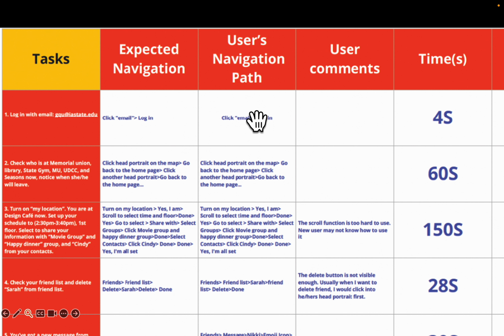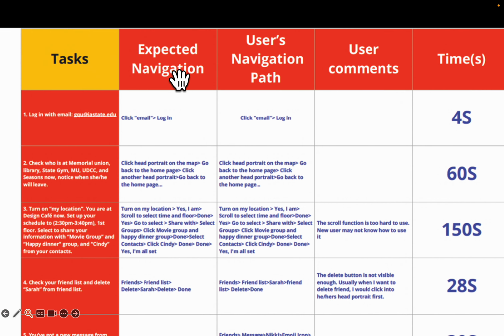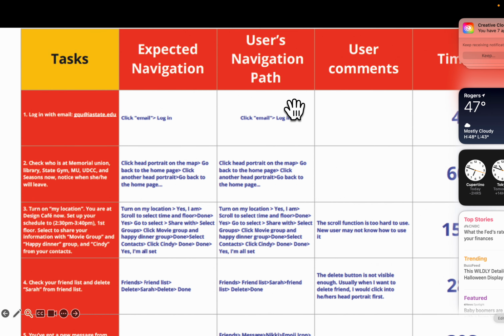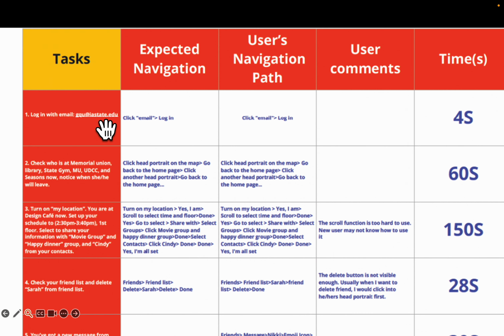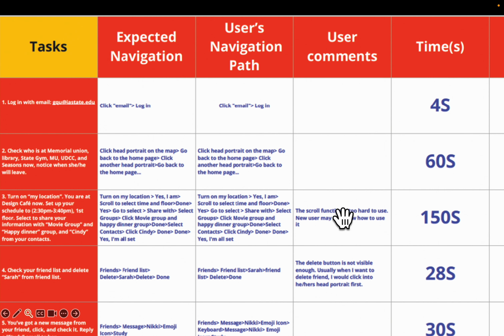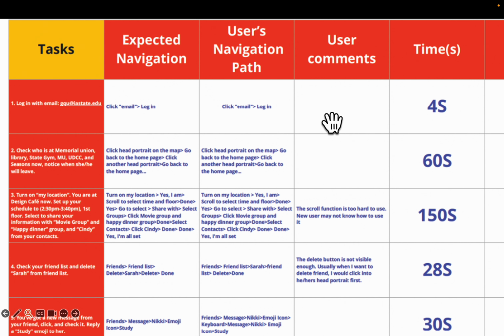From here you can see if the users are going into the right path that you expected. Does the user make any comments on this particular task? If yes, you will write down what they say. If not, you can keep it blank.